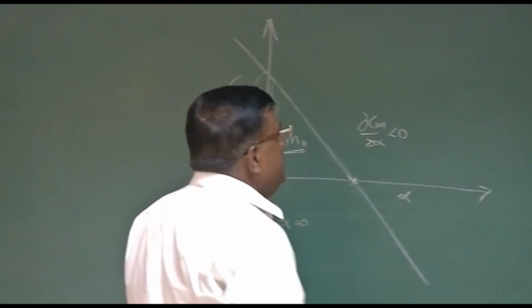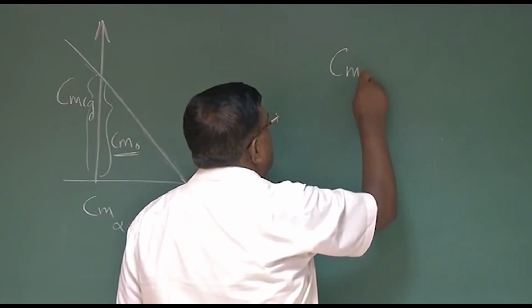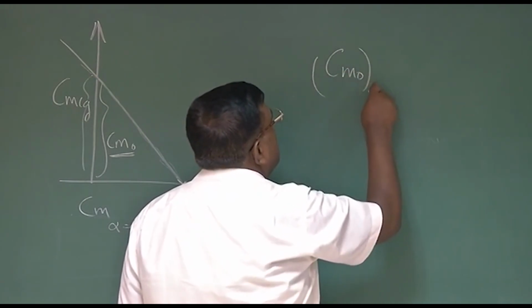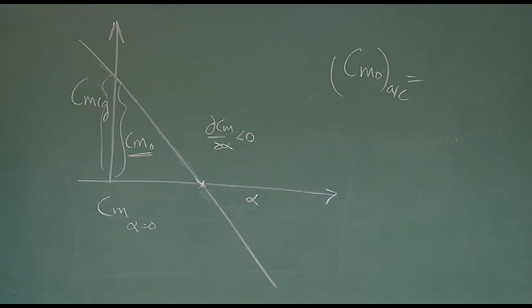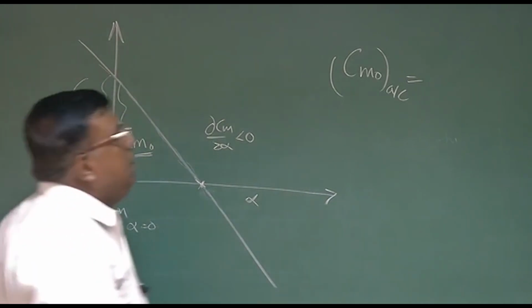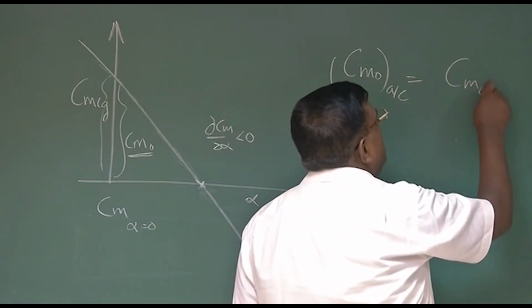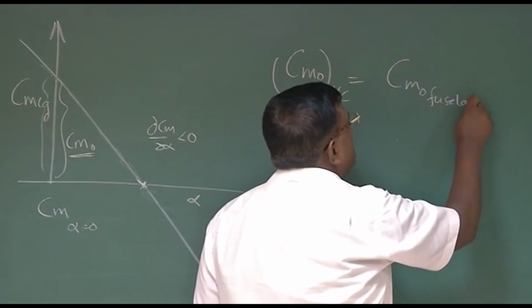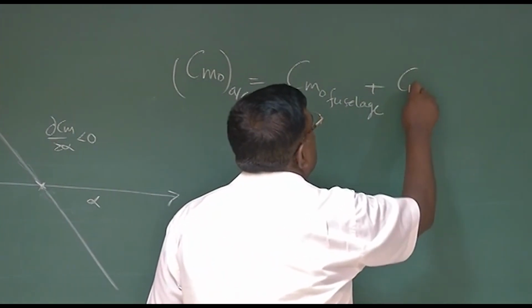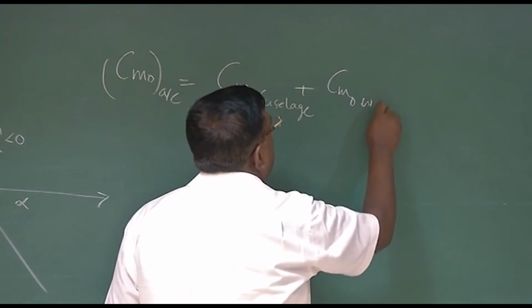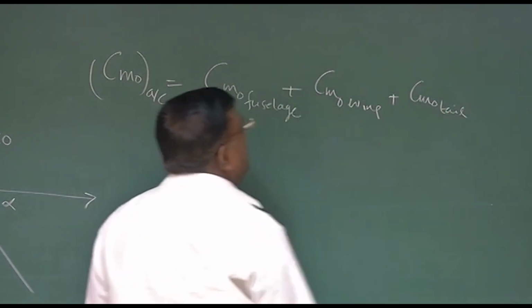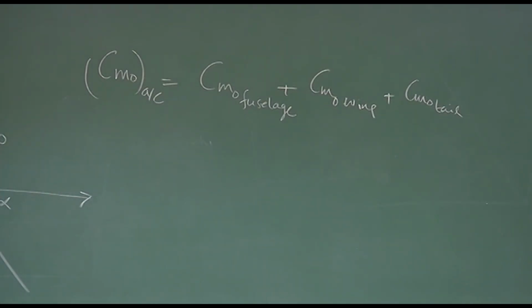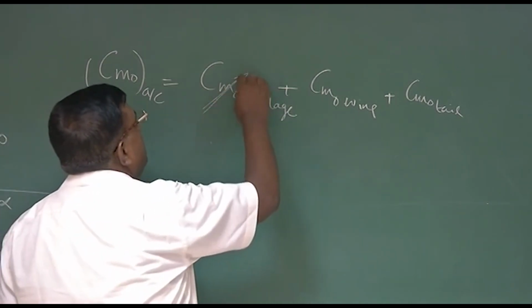Now the question comes, if I need Cm naught of the aircraft to be some value, then who will contribute towards this Cm naught? Naturally, Cm naught because of fuselage, Cm naught because of wing, and Cm naught because of tail. They are the three contributors. Of course, in a relative sense, we can say this is negligible compared to the other two.